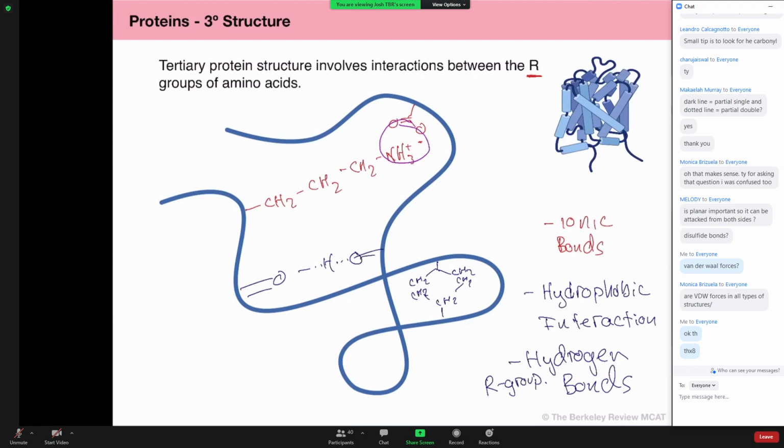Disulfide linkages, right? So covalent bond, right? So you can imagine your cysteine residues, right? Right, it's tertiary. Cool.